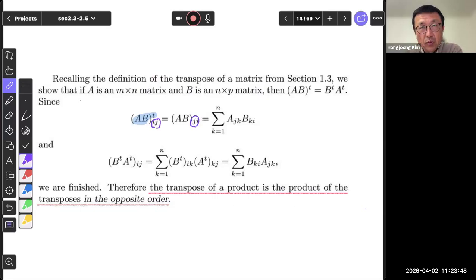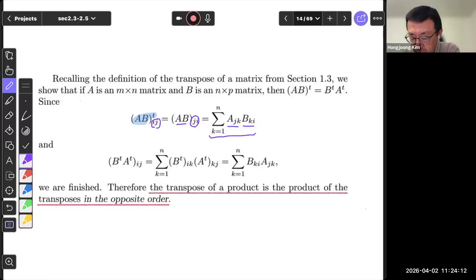The jth row, ith column entry of this product is obtained by considering the product of the jth row of the first matrix times the ith column of the second matrix. So we get this one.